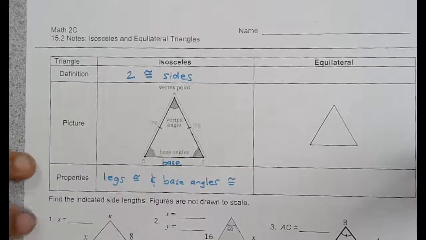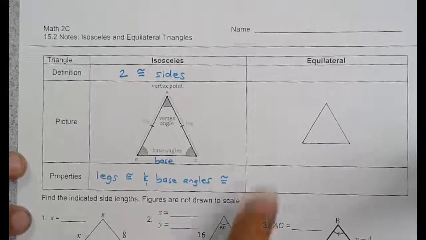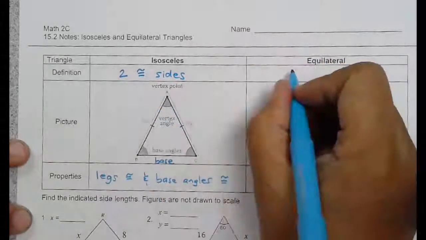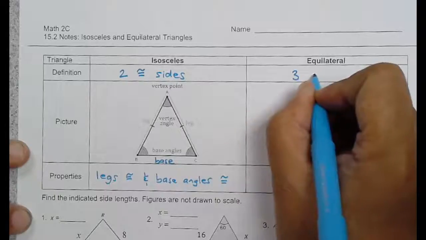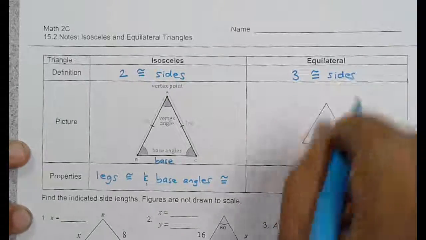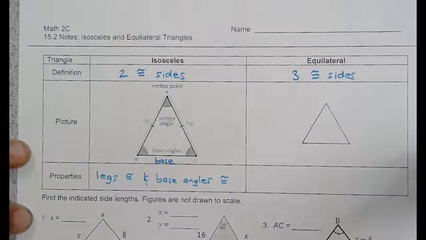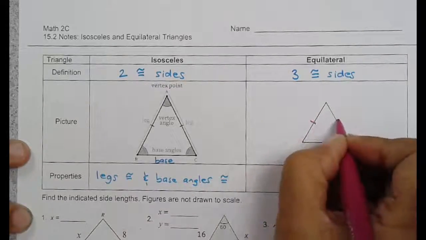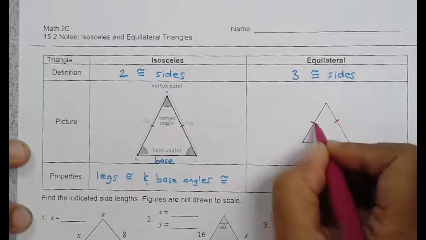All right, and then the other one we have is called an equilateral triangle. Equilateral means that they're going to have all three sides that are equal, so three congruent sides. So we're going to mark that in the picture. To mark that the sides are congruent, we're going to put one mark, as long as these have the same number of marks.